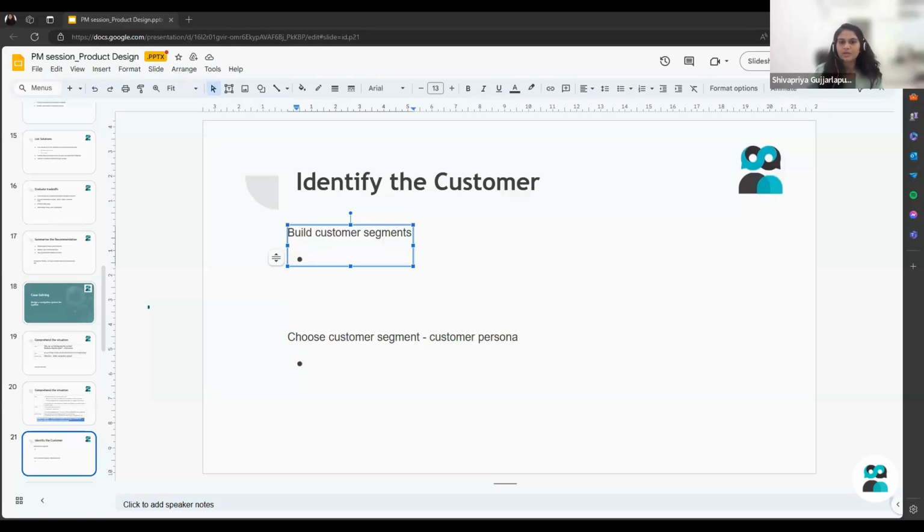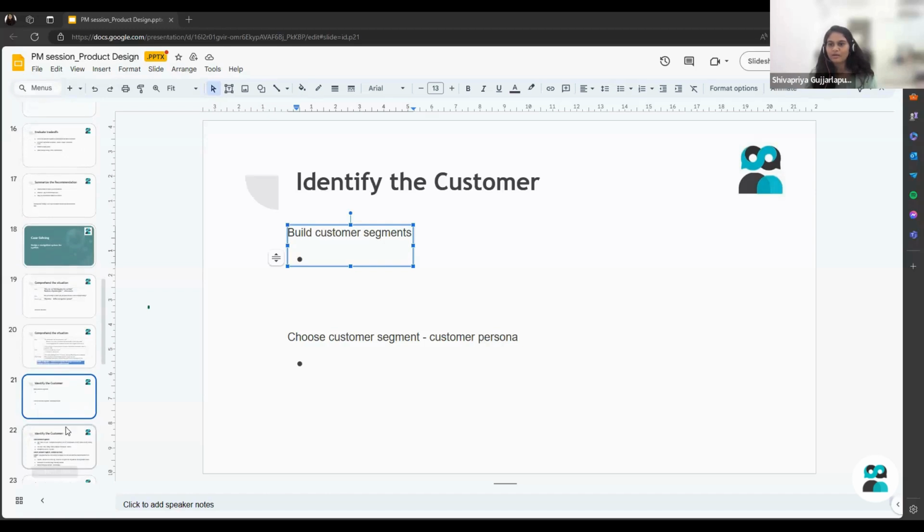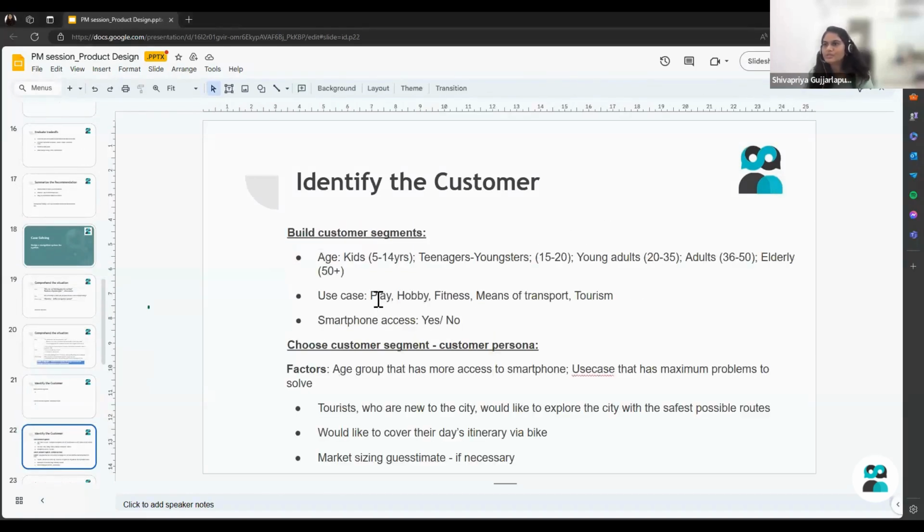Environmental active folks, absolutely. A bunch of user segments here are use case oriented, and a bunch of them are age group oriented. I'll jump into what I came up with and what I used to segment.